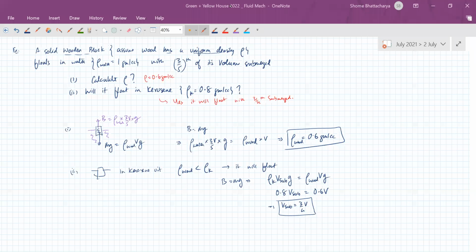So I then took the volume of water to the LHS, so it is mass divided by volume, so 3 by 5. It's the same thing, 0.6. We have done the same thing over here. Equated the buoyancy with density of water into volume submerged into G, and on the other side equated it with the weight. So it's basically the same thing, right?